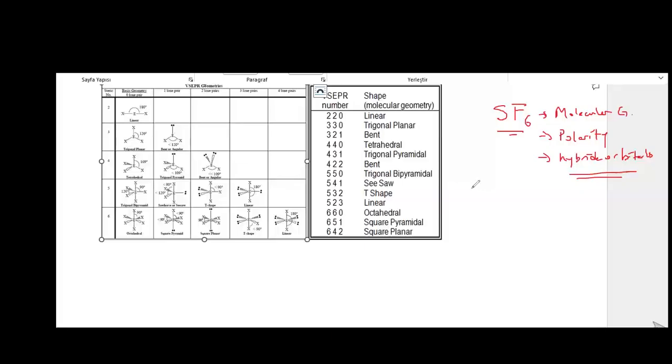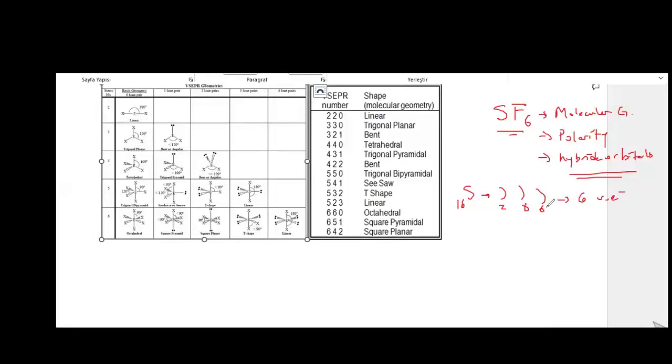First of all, you need the total valence electrons, as you remember, for that molecule. If you look at the sulfur atom, the sulfur atom has 16, if I'm not mistaken, 16 protons. In other words, 16 electrons. If you write it like this, you are going to see that it has 6 valence electrons.